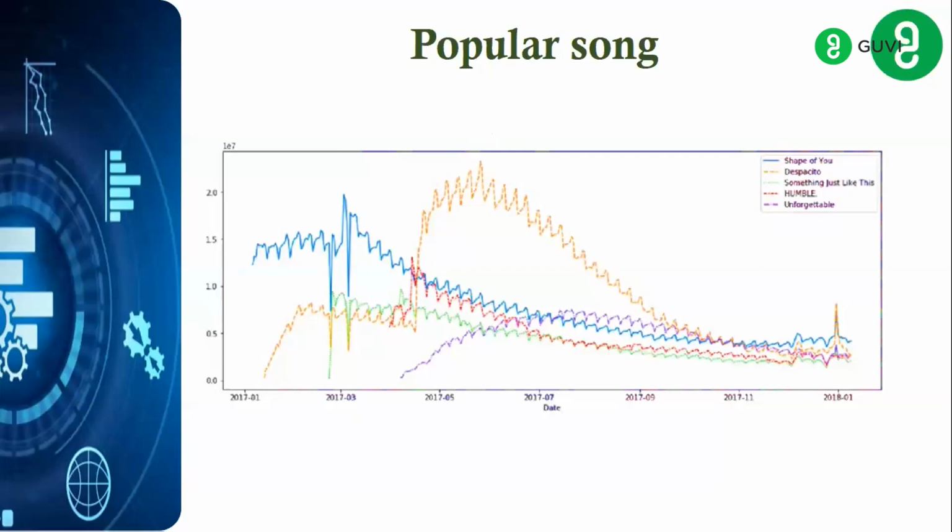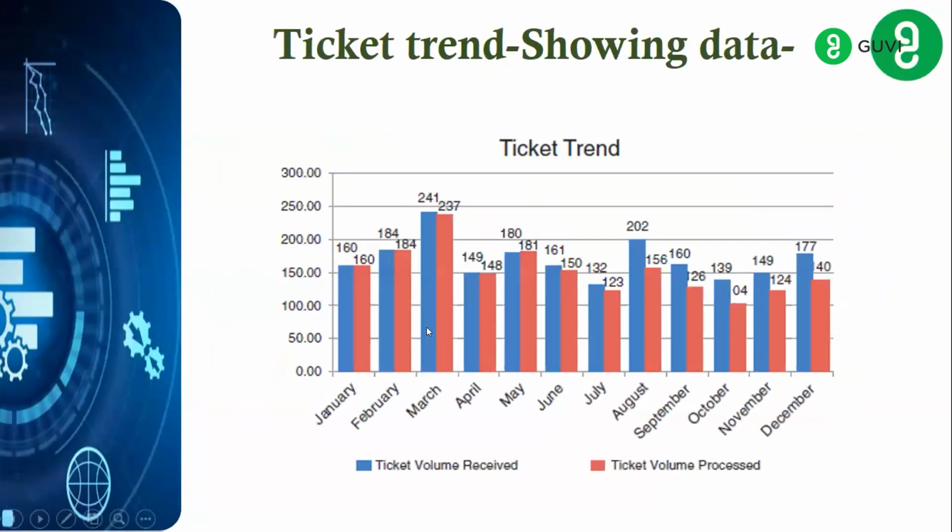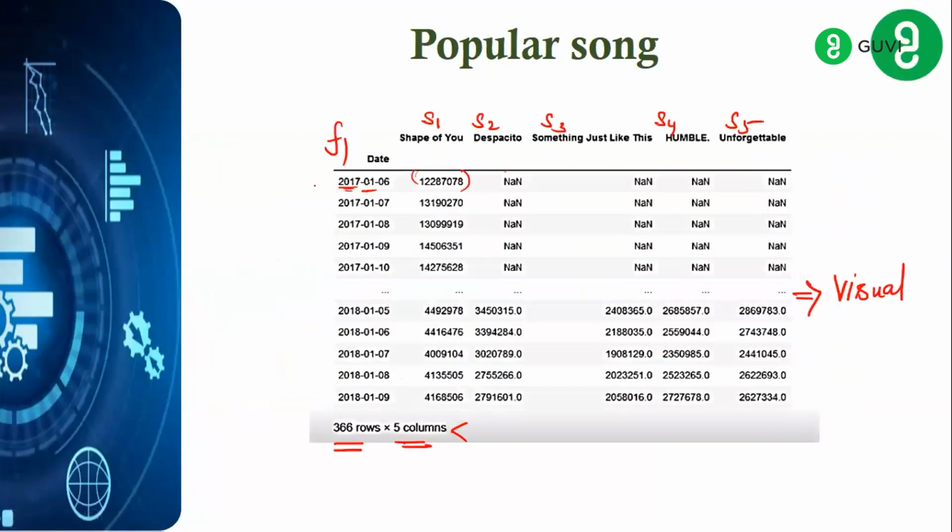Based on the data given, this is a kind of line chart, no? Because in the raw data, I can see some dates.